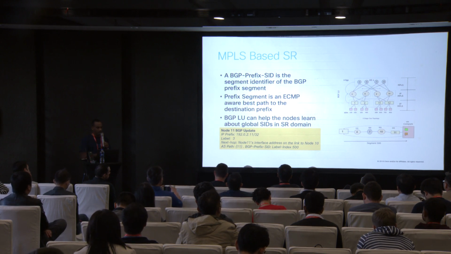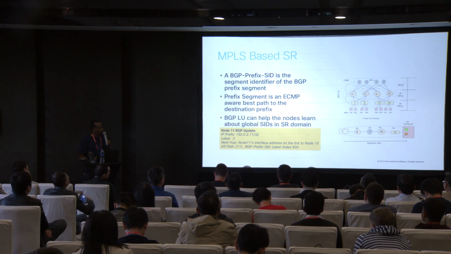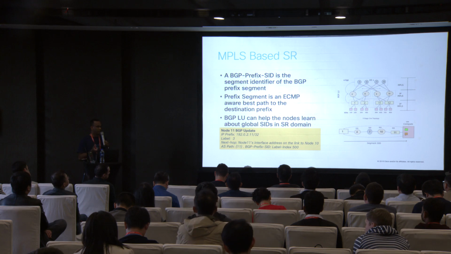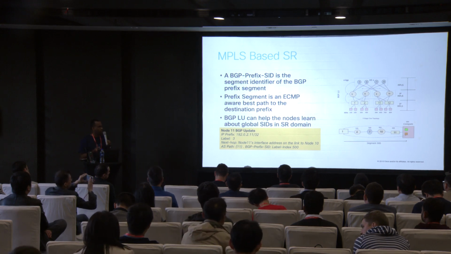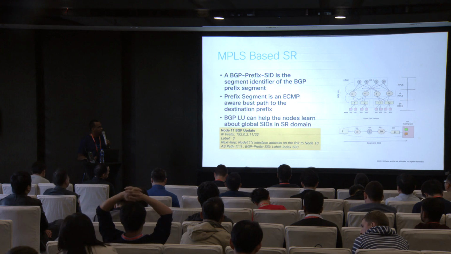labels in the SR domain. There is an extension that we have to actually tell the router what the SR index is and what the label base is, so that it computes the SR identifier for you, and then puts it into BGP to distribute that information.